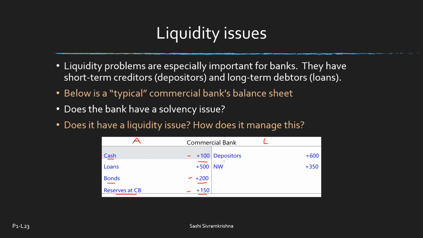But the depositors are 600, which means that if depositors want more than 450 rupees or dollars converted into cash, this bank will face a liquidity issue, although it faces no solvency issue. But banks have to operate keeping in mind liquidity issues and not just solvency issues.